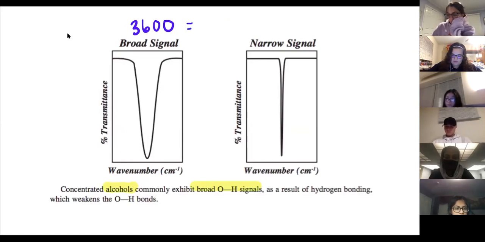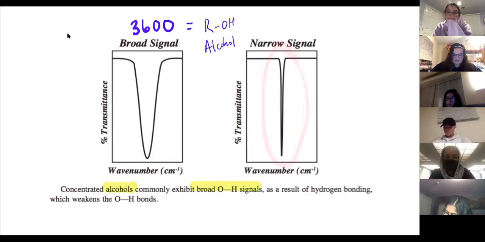So let me make that clear. So that tells you there's an alcohol on your molecule. If you have this narrow signal, and I believe the value is about 1600 or so, that gives you your carbonyl group.